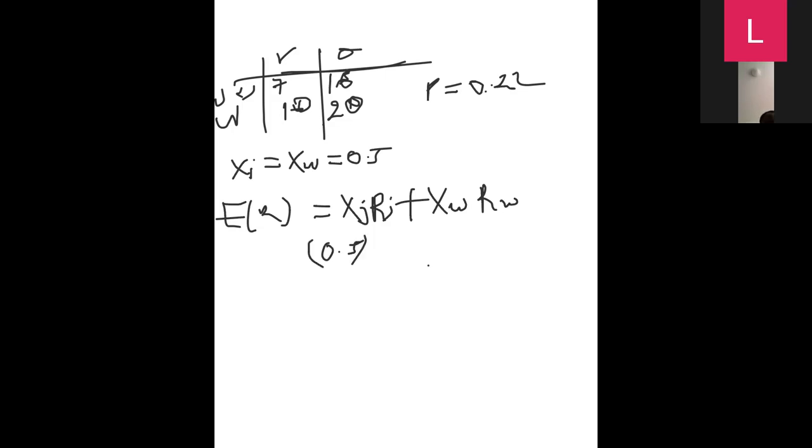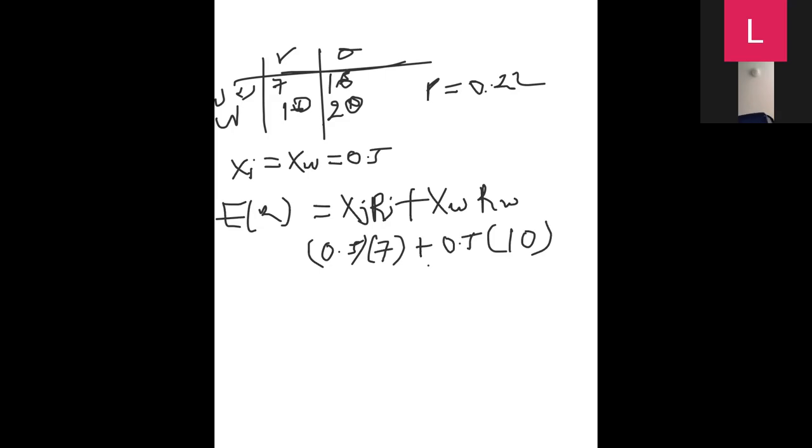Multiplied by the return of J, which is 7%, plus X of W, which is also 0.5, multiplied by the return on W, which is 10%. That means we have 17 divided by 2.